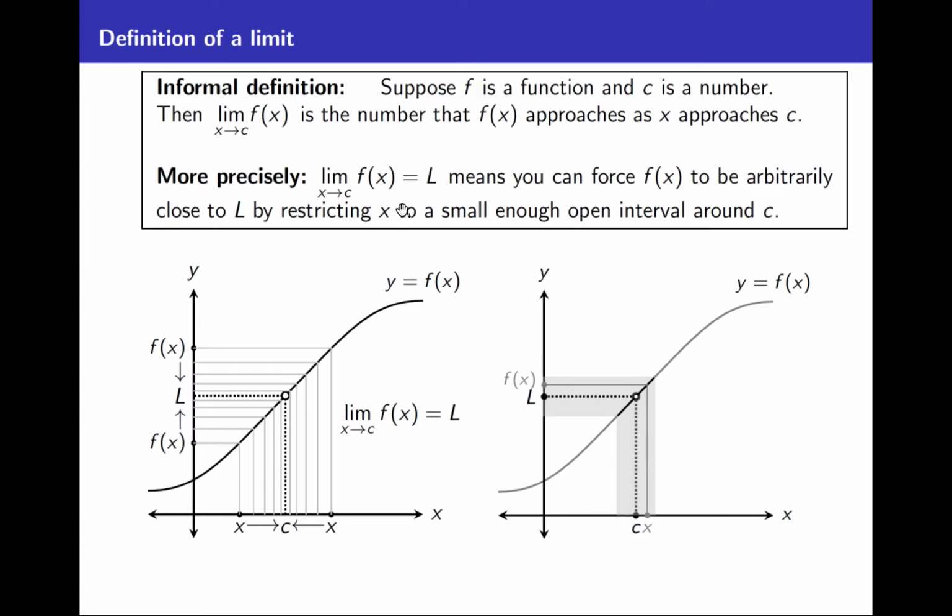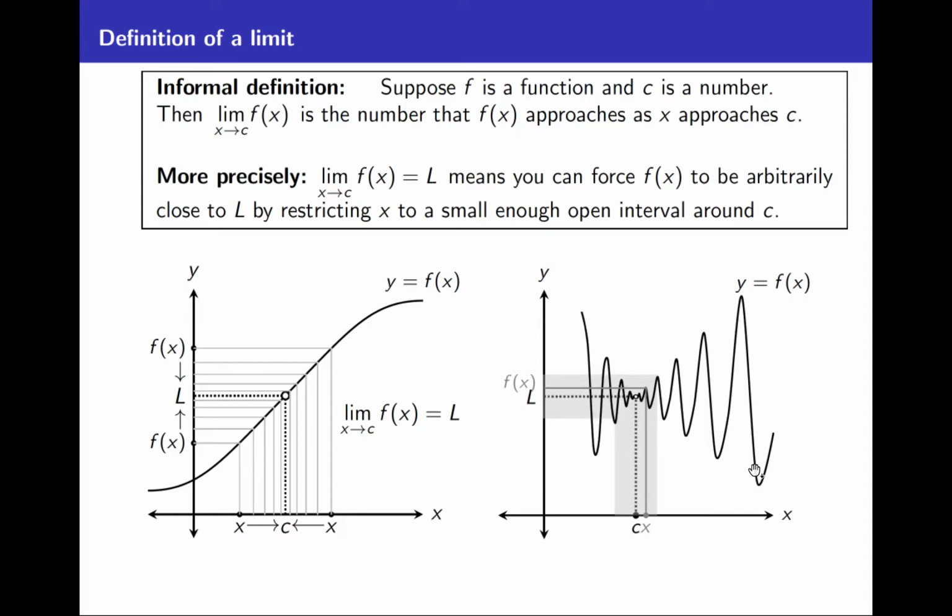This is a more precise way of looking at the limit and defining a limit, because it could be that your function f of x looks something like this. It has some rather wild behavior.